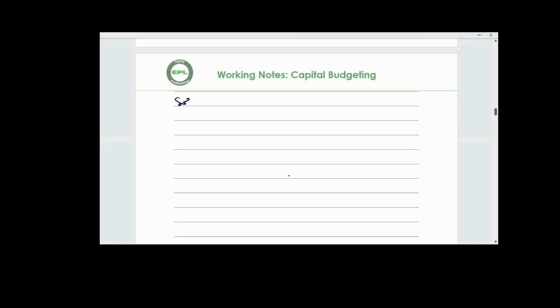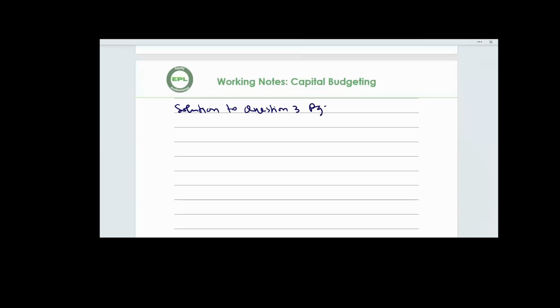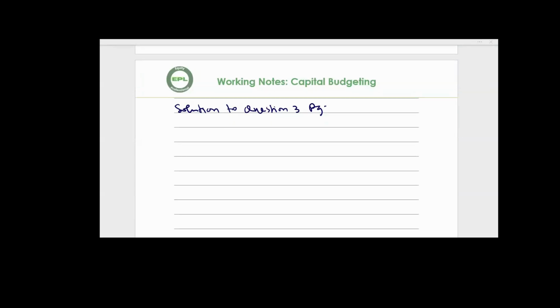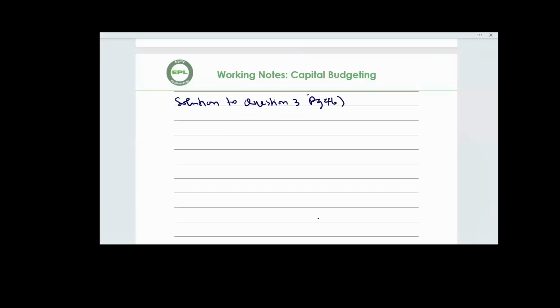So you start with: this is the solution to question number 3, page 46, Washington PLC.